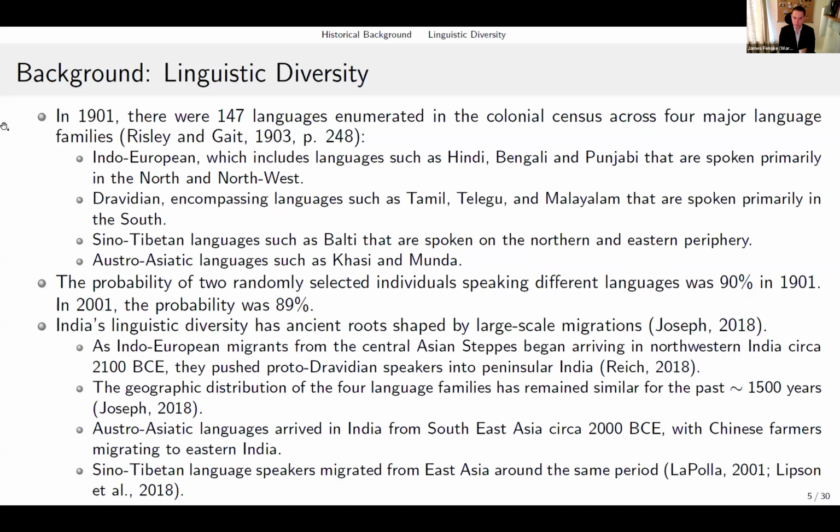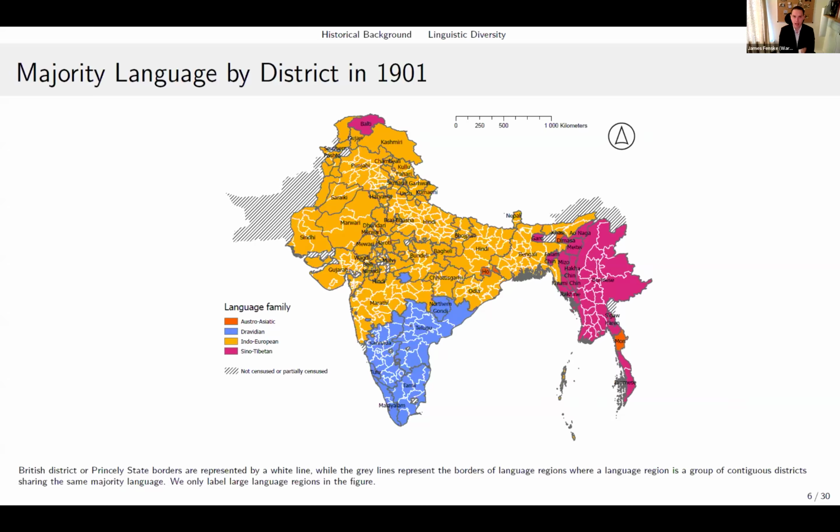So here's what it looks like on a map. If you were to look in the north in orange, you'd see the Indo-European languages. This is by the most spoken language in a district in 1901. I keep saying majority. I should say plurality, but for more than 90% of cases, the plurality language is a majority language. And so you can see Indo-European languages being spoken widely throughout the north.